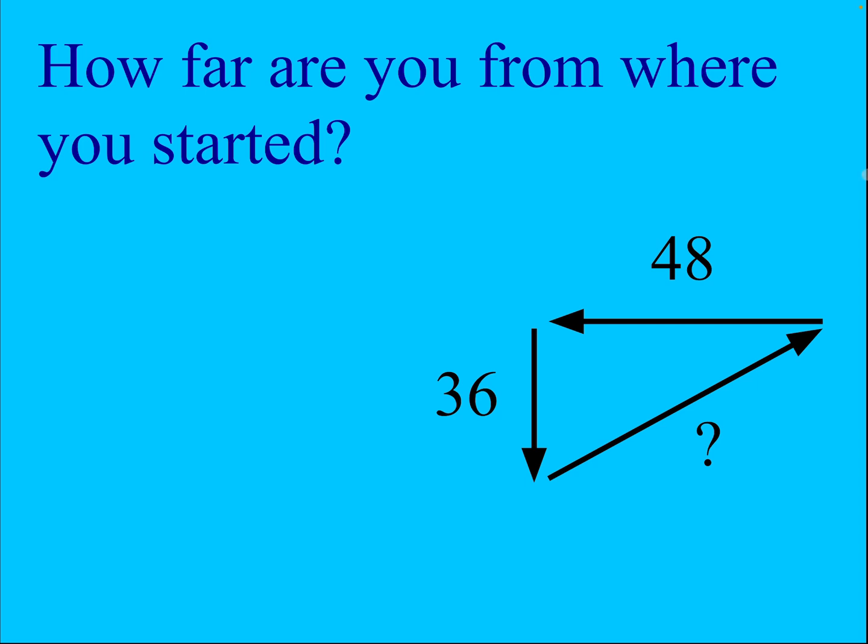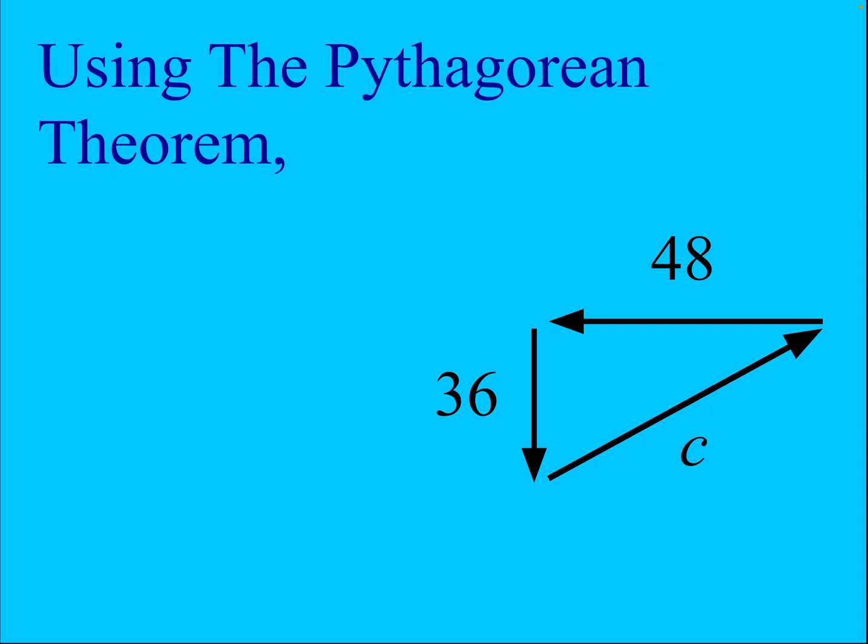So if I solve this, I can just do A squared plus B squared and figure out what C squared is. So 48 squared plus 36 squared equals C squared. And if I solve this, all I have to do is square 48 first and then square 36. And 48 squared is 2,304.